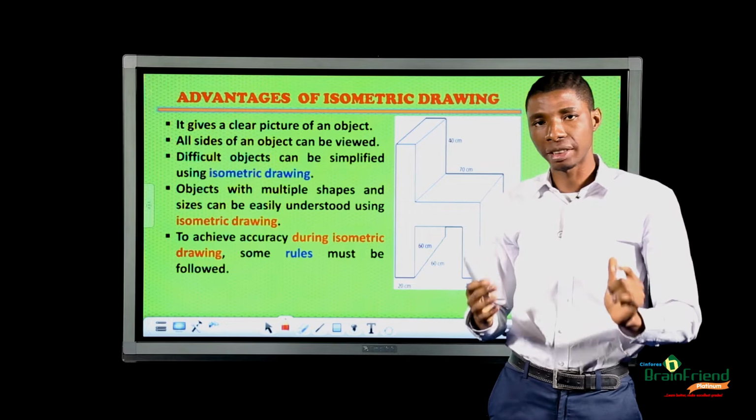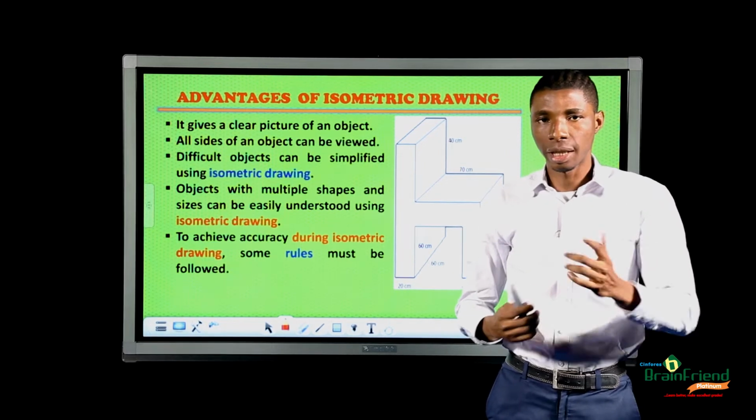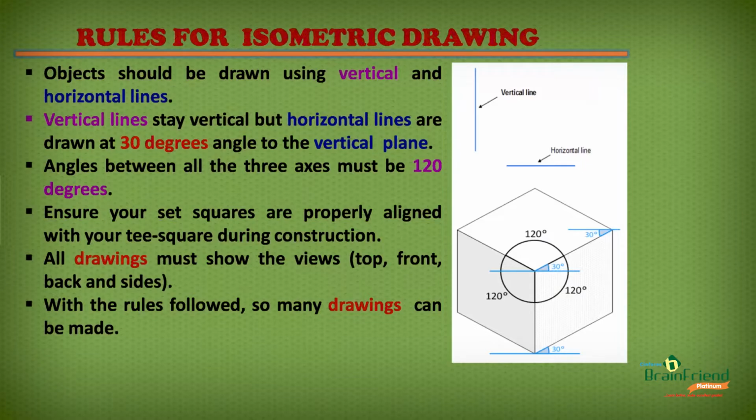But for you to draw effectively, there are rules that you must follow to achieve good results. Let's see these rules. Rule number 1 states that objects should be drawn using vertical and horizontal lines. 2. Vertical lines stay vertical, but horizontal lines are drawn at 30 degrees to the vertical plane. 3.